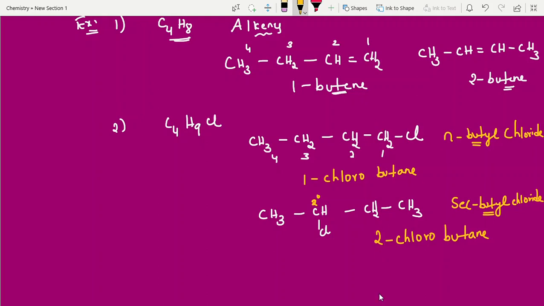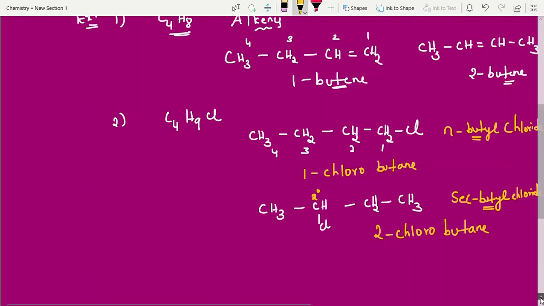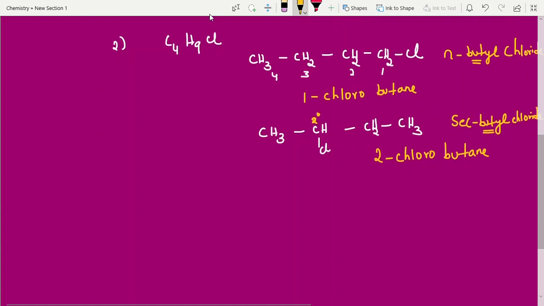So finally, what I am trying to say here is the root word is no change. Only the position of the locant, the position of substituents, changes. That is positional isomerism. Within seconds we will get the answer, and always we have to check the IUPAC names. Okay. Now next, third one.